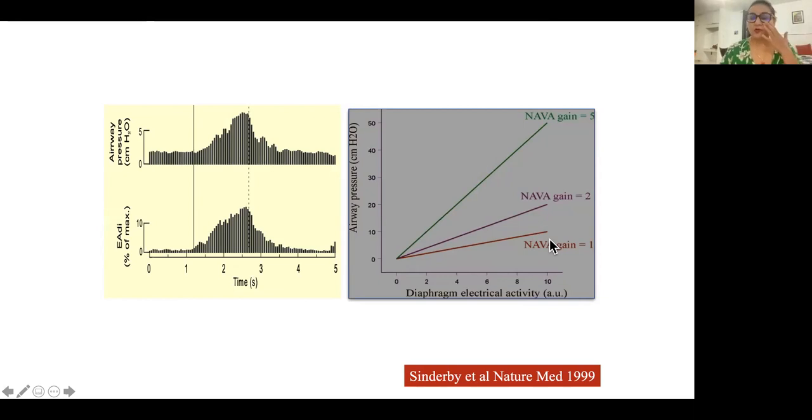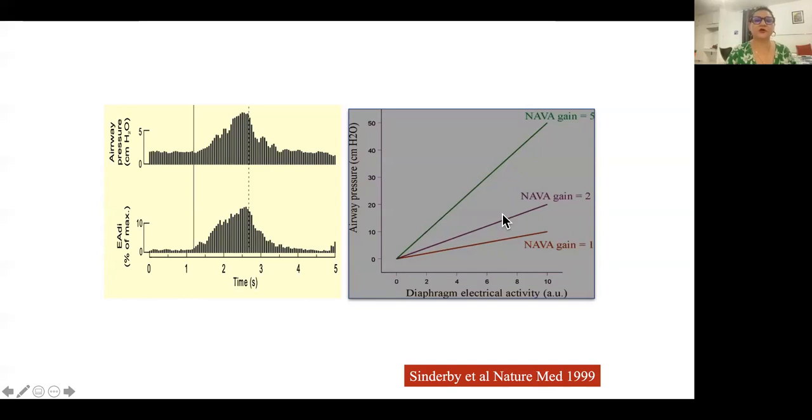However, we cannot go more, because if the electrical activity is increasing, you need to increase the NAVA to give that much pressure. So as the electrical activity increases, the pressure increases. As the NAVA level increases, the pressure increases. But even with a higher NAVA level, if your electrical activity is not much, it is not going to give more pressure.